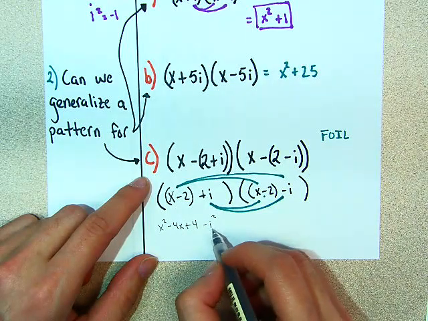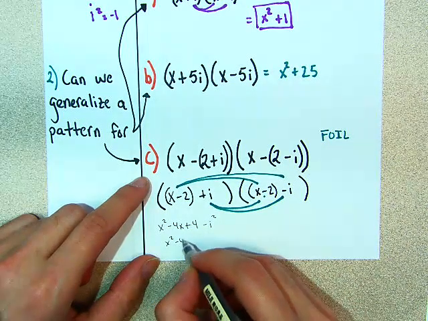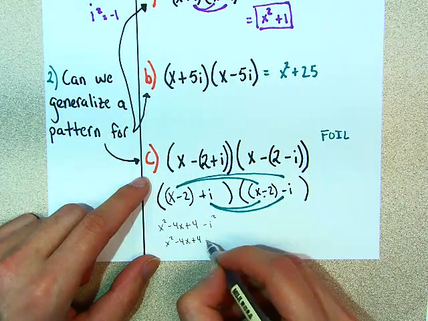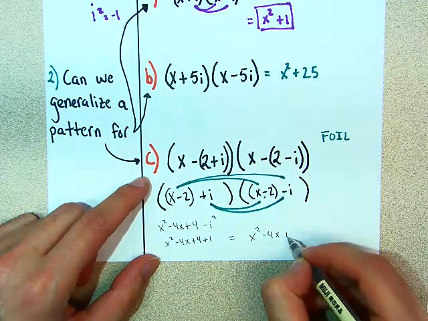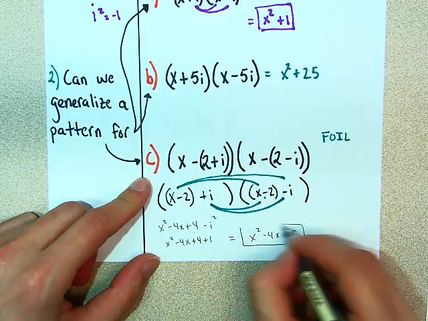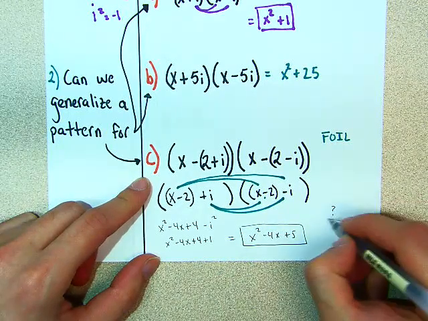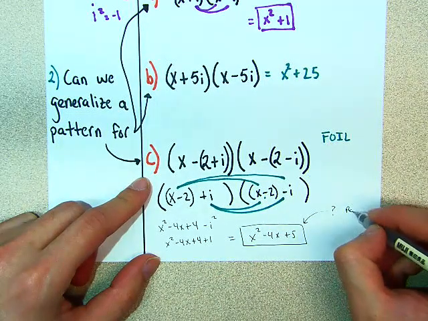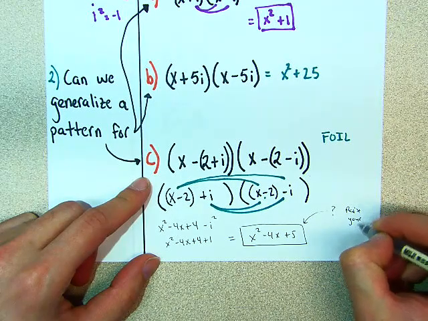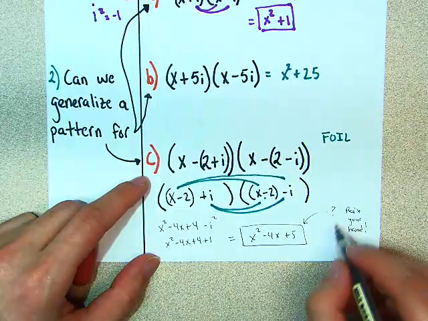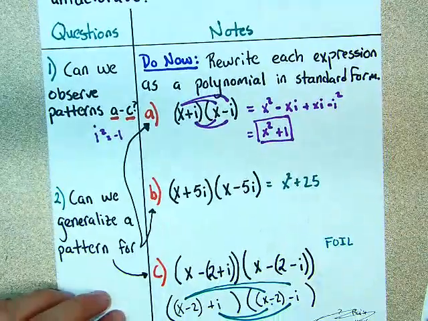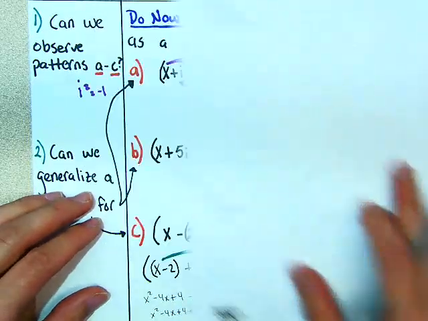So now this just becomes x squared minus 4x plus 4 plus 1, and that's equal to x squared minus 4x plus 5. Okie dokie. If you have any questions on this one, raise your hand and I will show you. Okie dokie. Alright, so now that we did these 3 questions together, let's look at the next part.